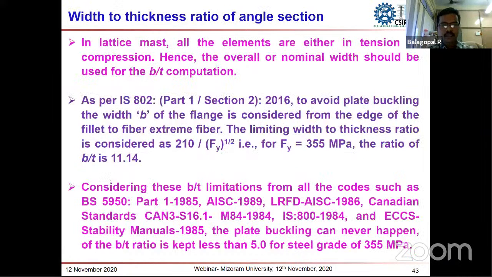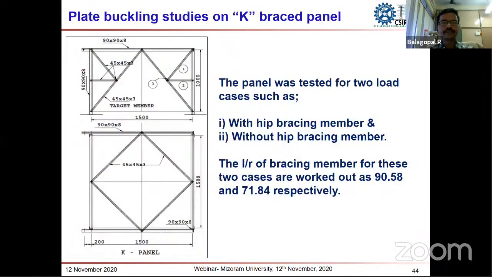And as I have told, as per IS 802, the b/t ratio is 12. That b/t ratio for 355 MPa steel is 12. And in the different codes, there are the British code, American code, and Canadian code. They have different criteria to compute the b/t ratio for the angle sections.